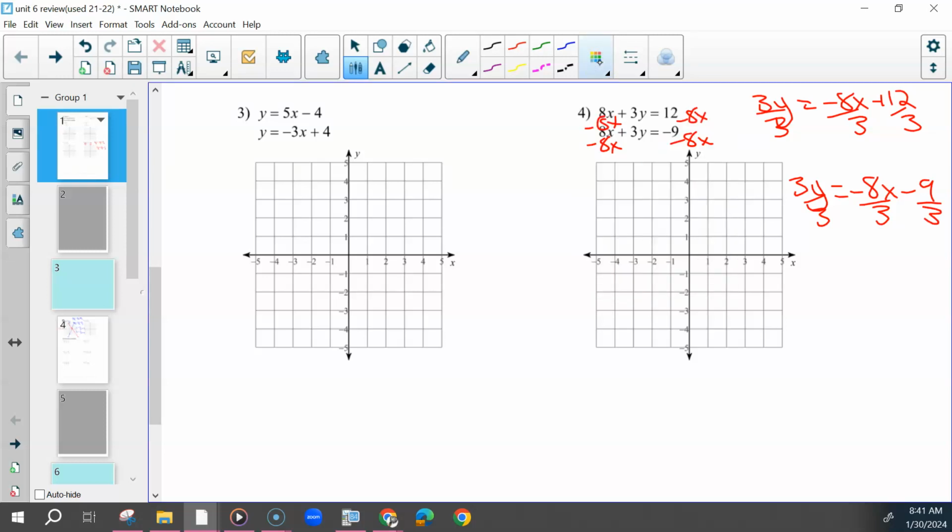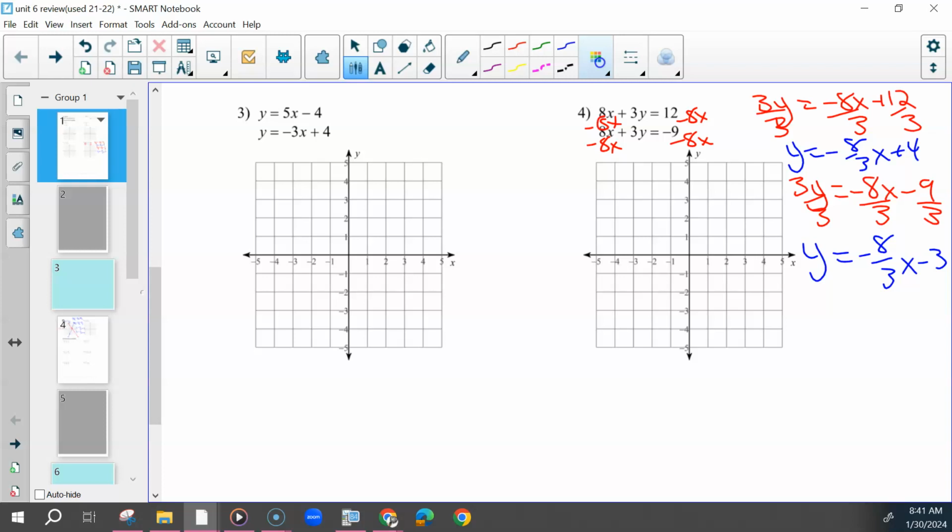So that the first equation is y equals negative 8 over 3x plus 4. And the second one is y equals negative 8 over 3x minus 3. Just looking at the 2 equations themselves, I see that we have the same slope, but different y-intercepts. So those are going to be parallel lines that give us no solution.